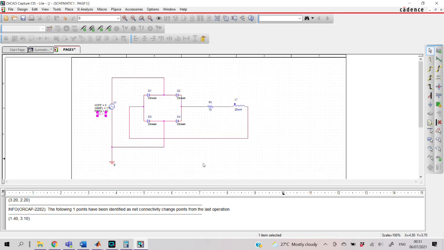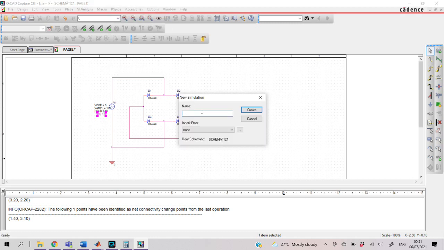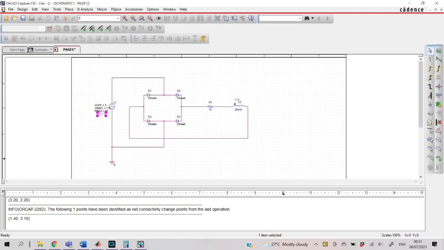So now the values are set, we can create a new PSpice simulation profile. So new simulation profile, and name it Summative 4. Then click create.